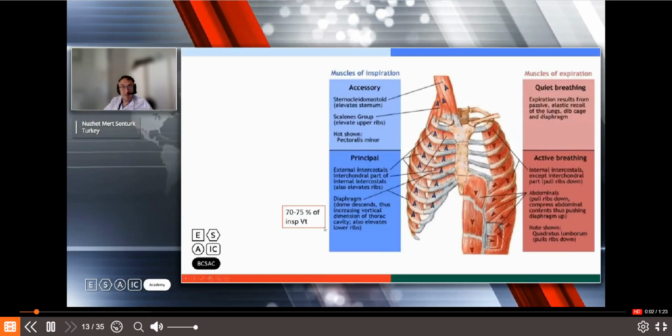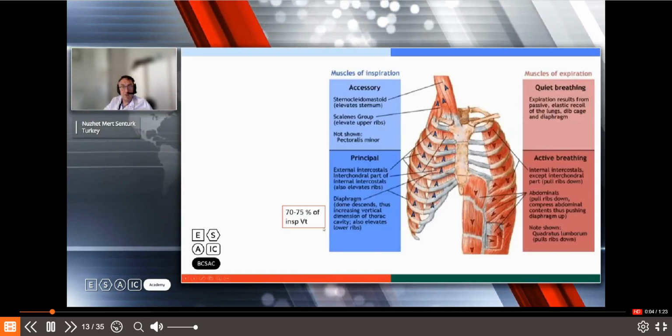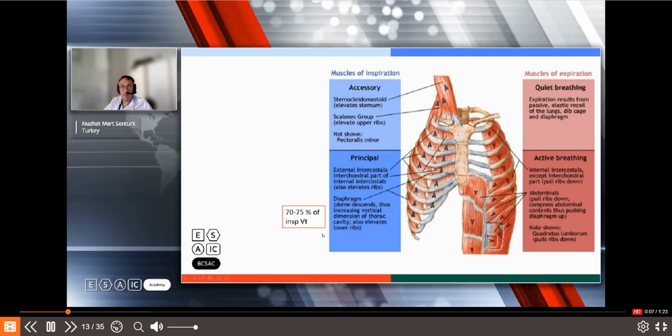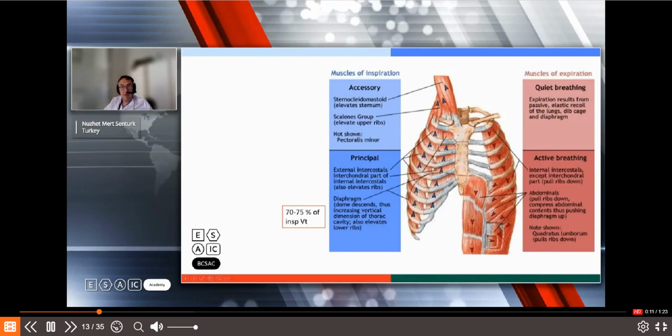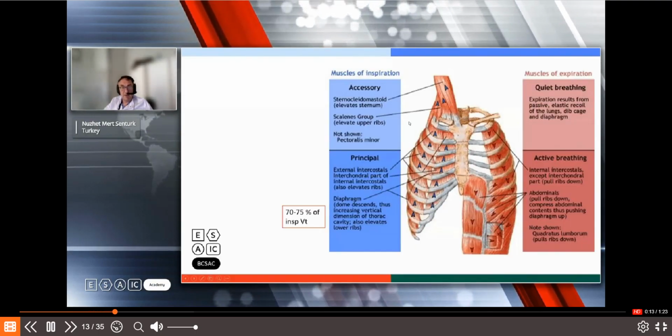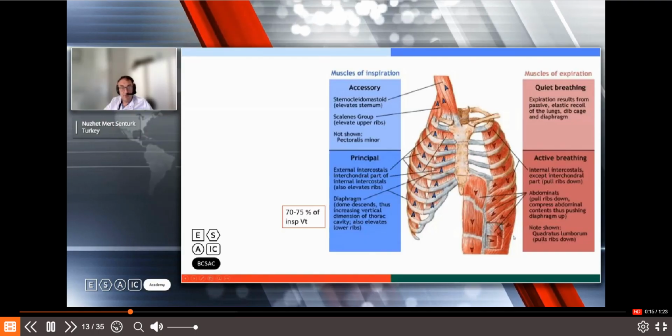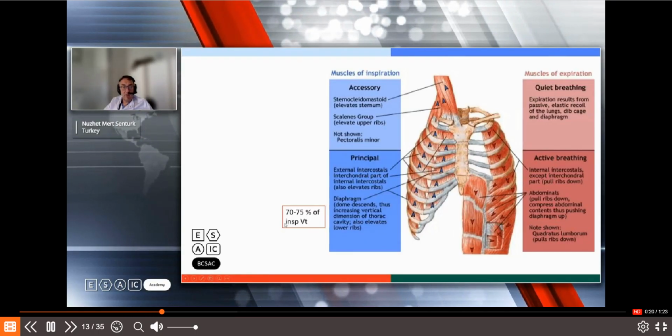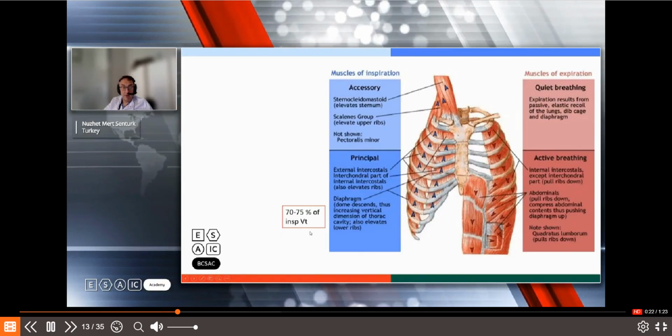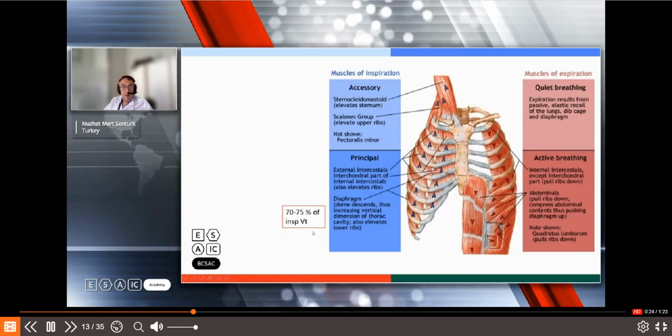Something about the respiratory muscles and their innervation. The most important inspiratory muscle is, of course, the diaphragm. The diaphragm is responsible for 70 to 75% of the inspiratory tidal volume.